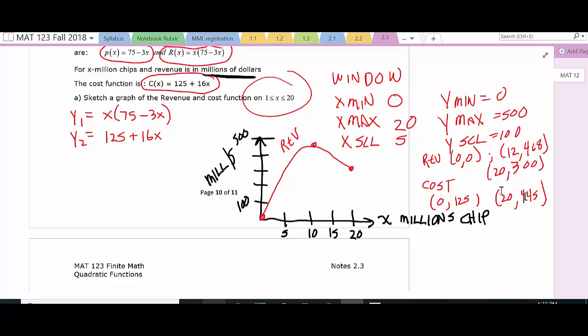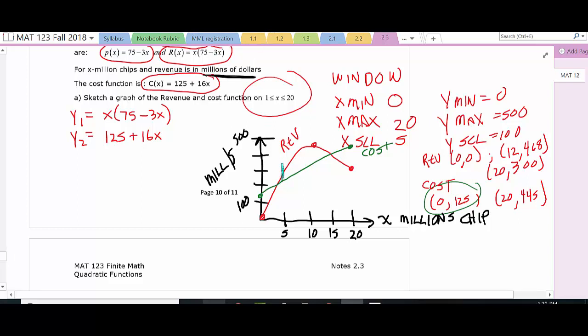Okay, so what I'm going to do on this then is we're going to plot these 2 points. Plot 0, 125, and then plot 20 and 425. And it doesn't have to be perfect, just kind of ballpark. So that would be your cost like that. Now, what we're doing on this is you're looking at it like this.